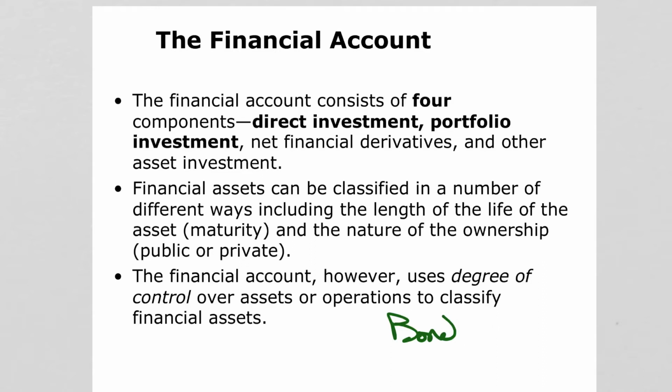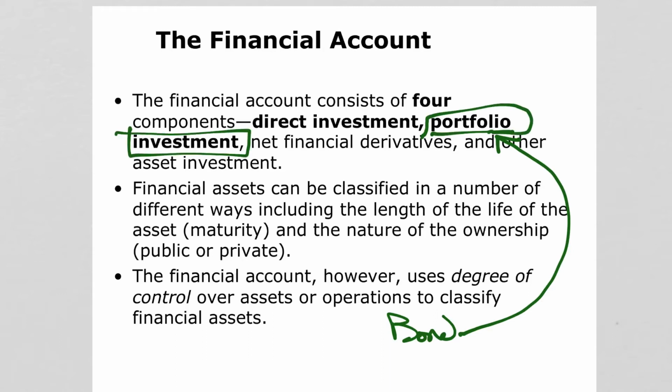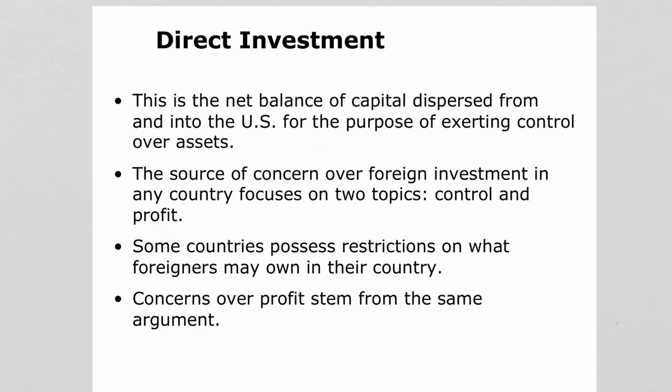And that lack of control means that the inflow of capital from those who buy bonds in another country is categorized as portfolio investment because there's no legal control associated with that capital investment. So, direct investment relates to financial assets where there's a degree of control involved.